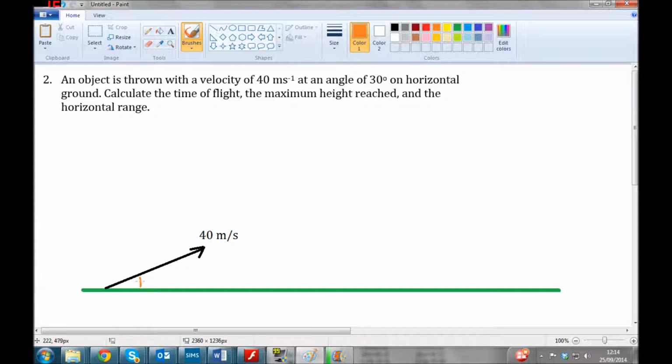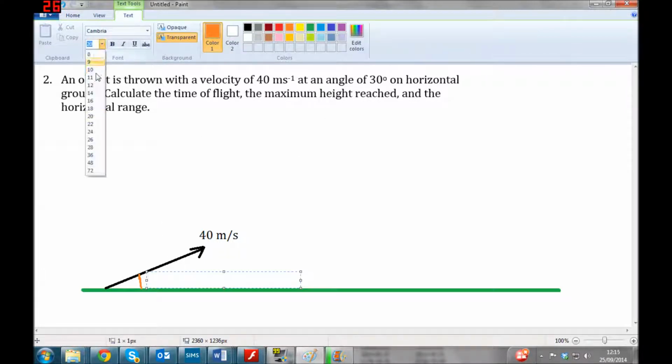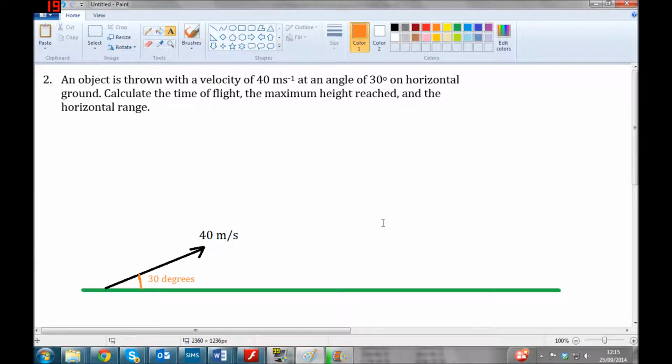It's above the horizontal, and this angle is 30 degrees. I'm not going to be able to do degrees, so let's just stick this in a little bit smaller. 30 degrees. Okay. Now, from here, I can figure out the horizontal and vertical components of the velocity.